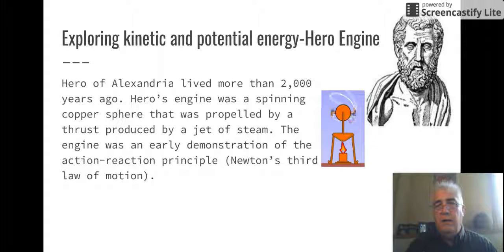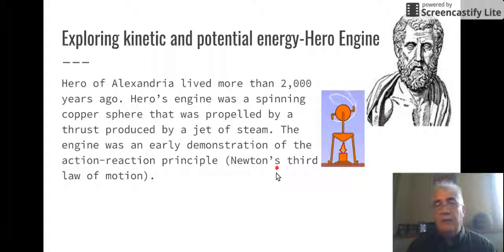It went from a liquid to a gas. As it became a gas, it expanded and pushed out. And that expanding gas is controlled through these small nozzles. When those small nozzles released the expanding gas, it provided a mechanical force which turned the device.